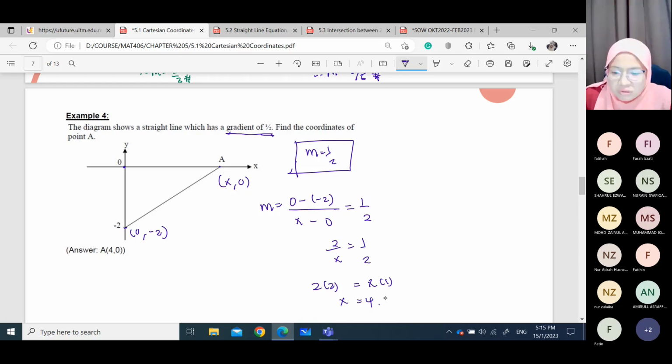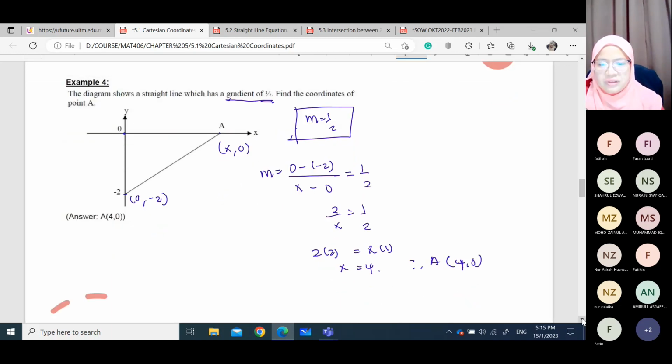Therefore, the point A is (4, 0). X is 4, y is 0. Okay, can? Any questions for example 4?